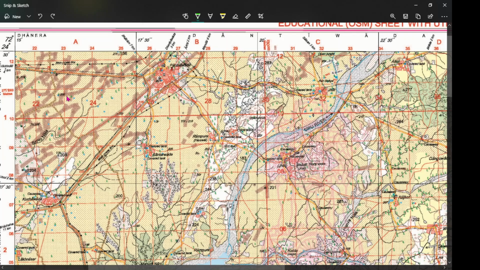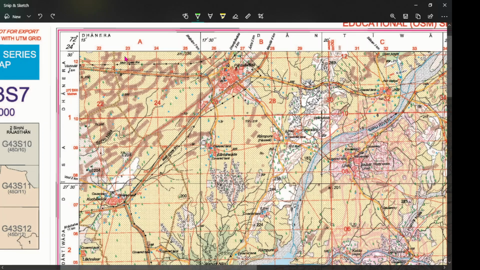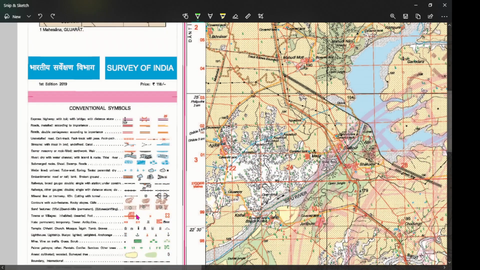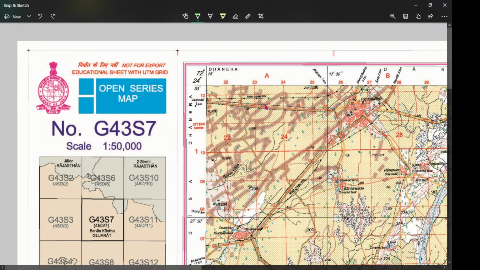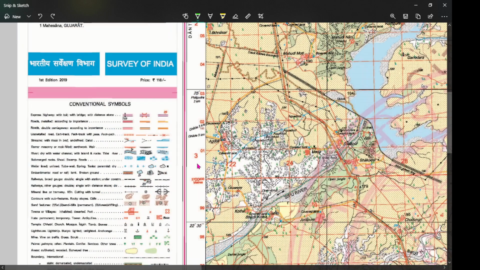Yes, it is here. I am not really able to find any specific thing. There are these features. Let's see what those are.